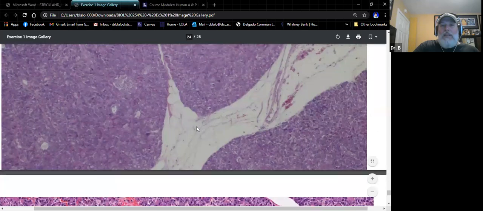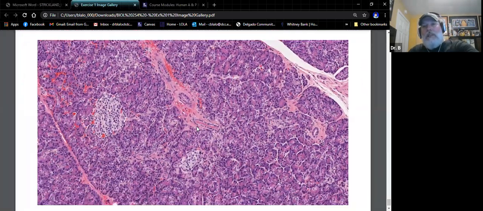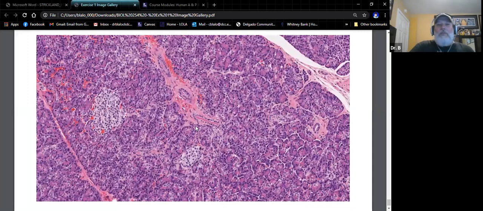Now, to me, it's a little easier to see on this next slide, because we're at a little higher magnification and this is stained a little bit better, I think. So all of this out here, pancreatic acini, and right there would be your pancreatic islet. Right there would be your pancreatic islet. So to me, the pancreas is also another one of those tissues that is pretty easily recognizable, and it's because of these pancreatic islets.